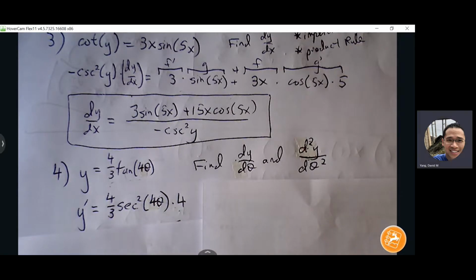So 4/3 stays. Tangent u becomes secant squared of u, so the 4 theta is going to show up, but then we're also going to need a times 4.